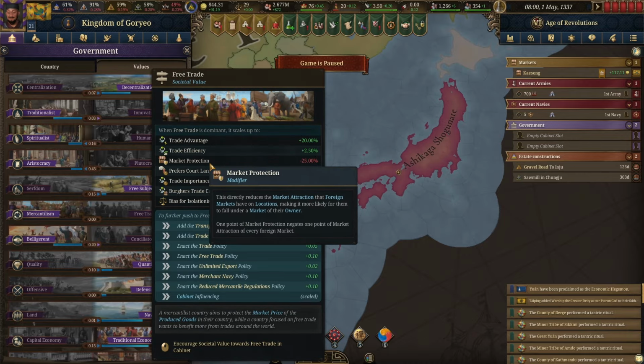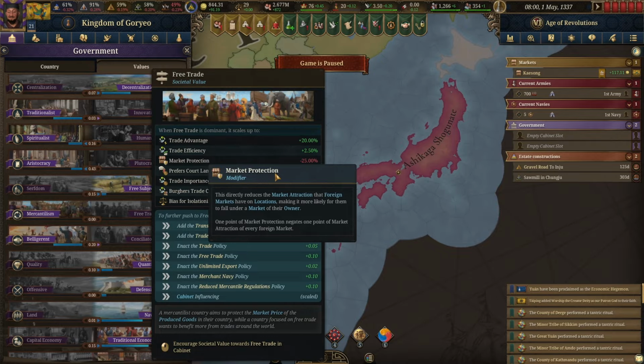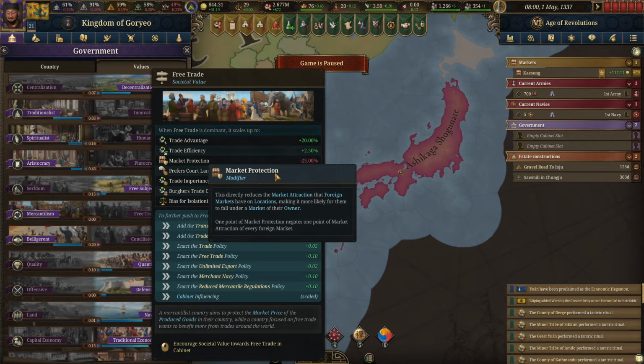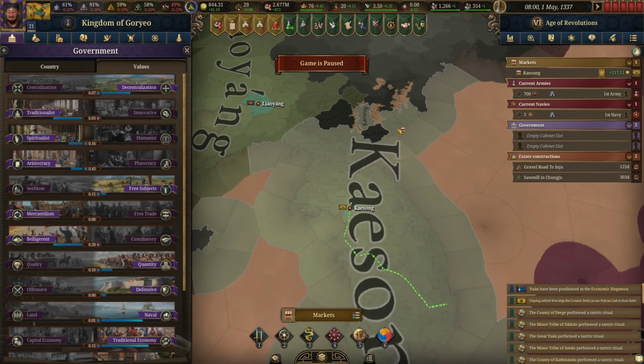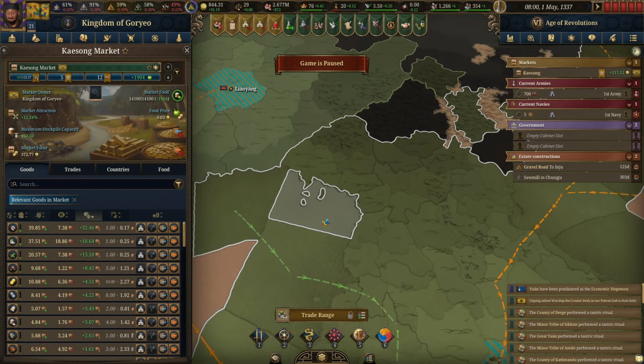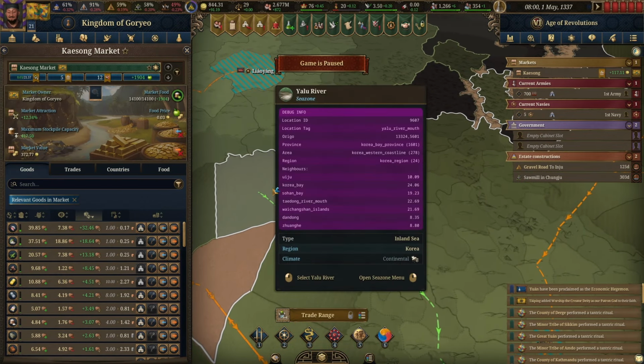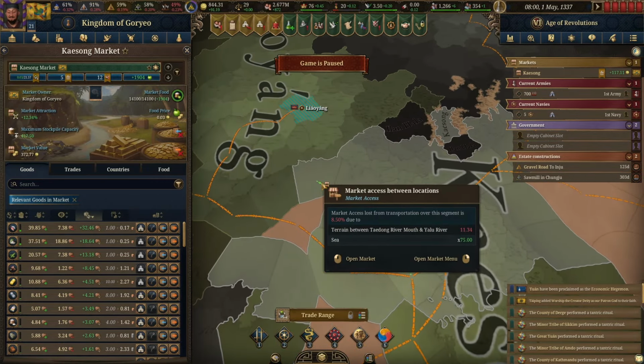Trade protection's where it becomes a little negative. The way locations work is, the world is of course divided up into markets, and which market a location belongs to is based on the market protection of that location.